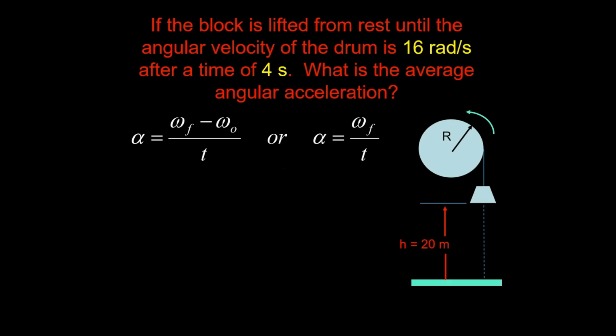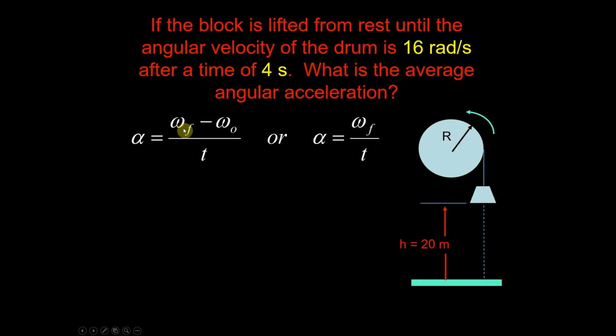Let's take a look at another one. If the block is lifted from rest here until the angular velocity of the drum is 16 radians per second after 4 seconds, what's the average angular acceleration of our system? So now we have a block lifted up, and it's going to be lifted until omega is 16 radians per second. This is after 4 seconds, and it wants the angular acceleration. Here we've got a height of 20 meters.